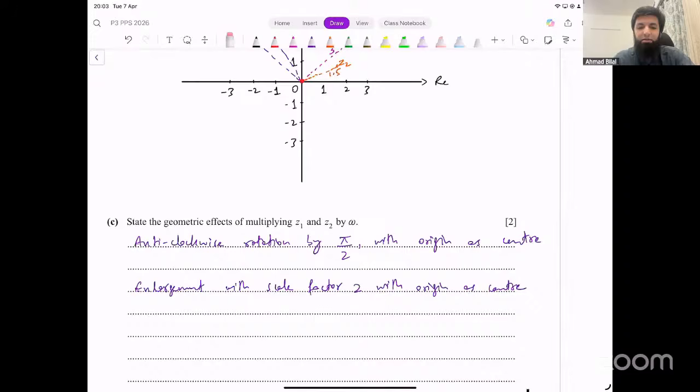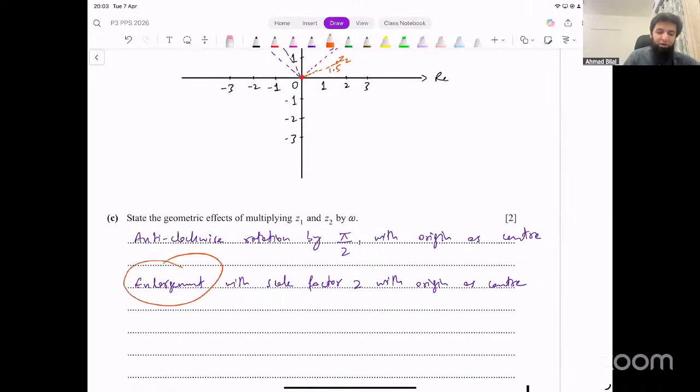Let's look at the next one. Since enlargement is not explicitly part of your A-level syllabus, they may sometimes allow you to use some other terminology for this as well. But rotation is also not explicitly part of your syllabus. You only had reflection, translation, and stretch.